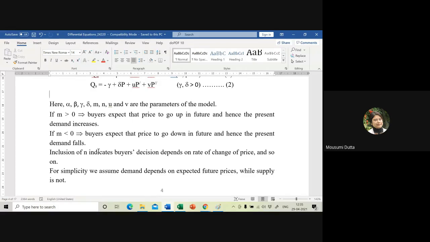Now, if they expect price will increase in future, they will start to make a stock. If they expect the price will increase at an increasing rate, in that case, they will go for more stock. And if they expect price will increase, however, at a decreasing rate, in that case, they will go for lesser stock. Okay, so all these things will happen.